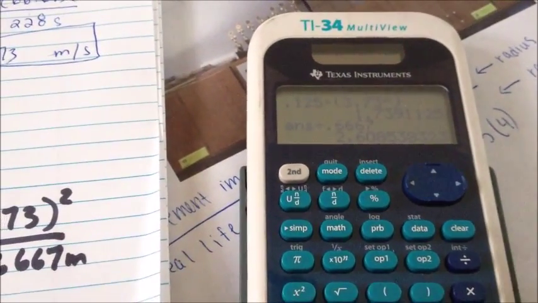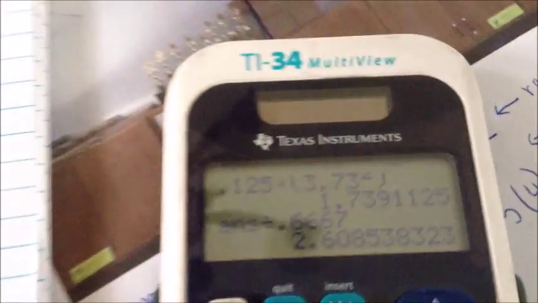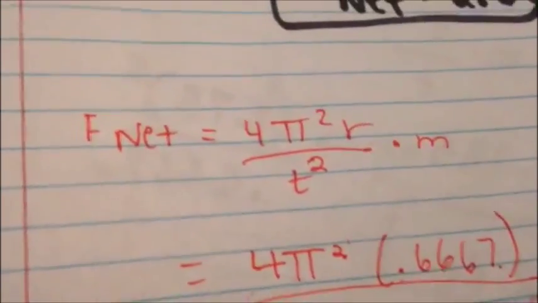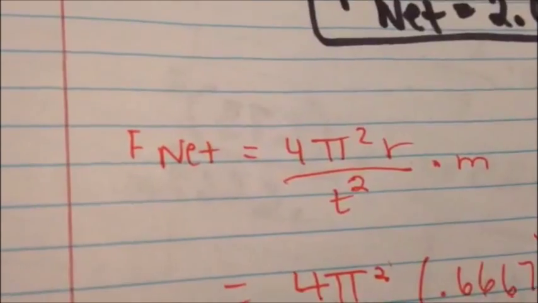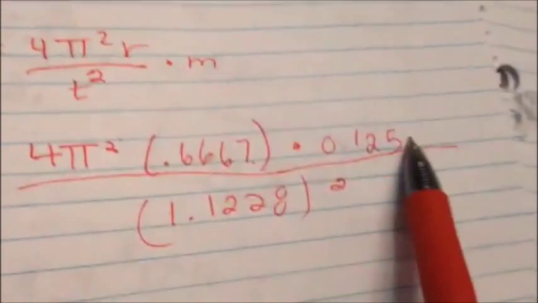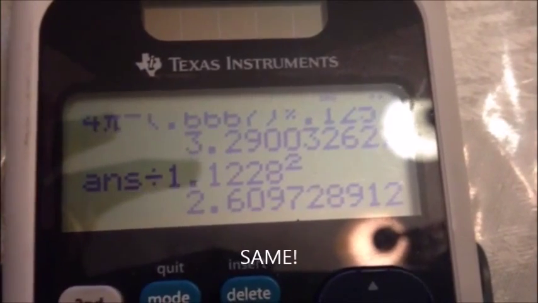And we found Fnet equals 2.6. Good. Now we could check this with our second equation, which is Fnet equals 4 pi squared r over t squared times the mass. So now we just need to plug in everything, the radius, 0.6667, mass, and the t. Get all into the calculator to get 2.60.